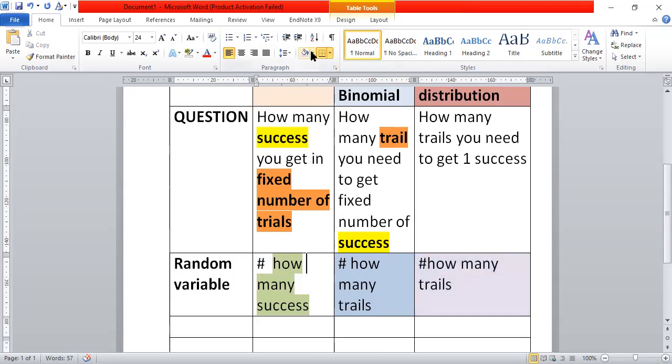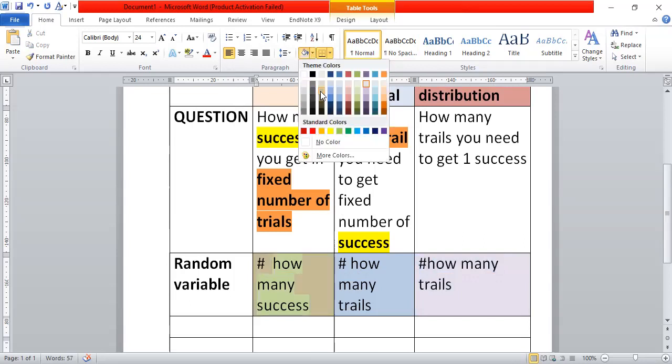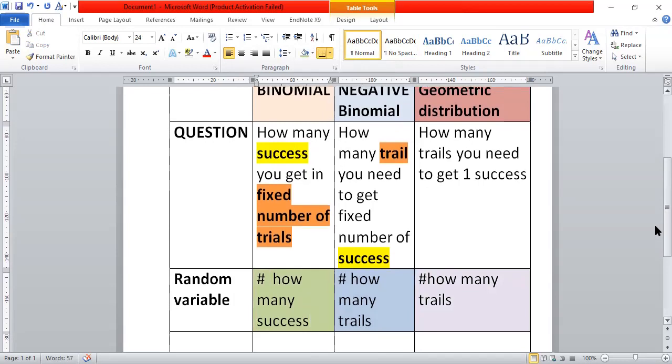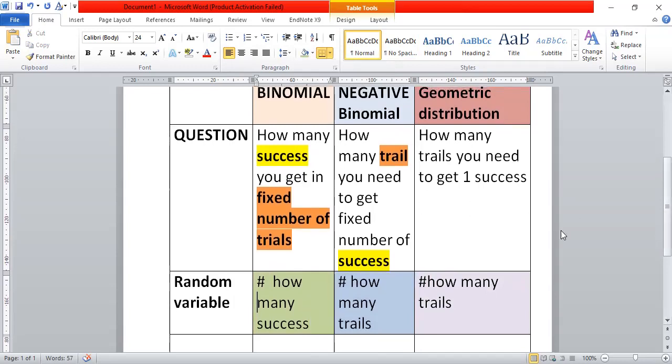Understand? Keep in mind that these distributions are similar and move side by side, but you just need to focus on the important things inside the distribution.